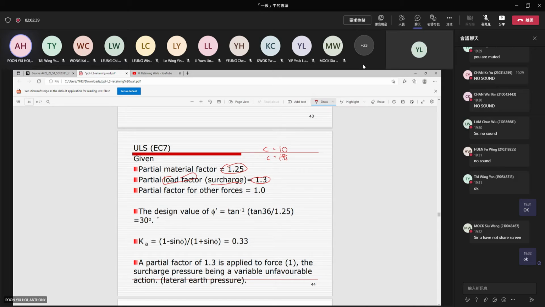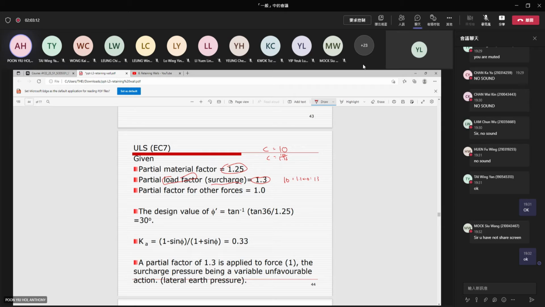So for example, if you have a surcharge of 10, and then after applying the load factor, if the load factor is 1.3, then it will be 1.3 times 10, so it's 13. So this is the idea. So you have different factors for the material and different factors for the loading.